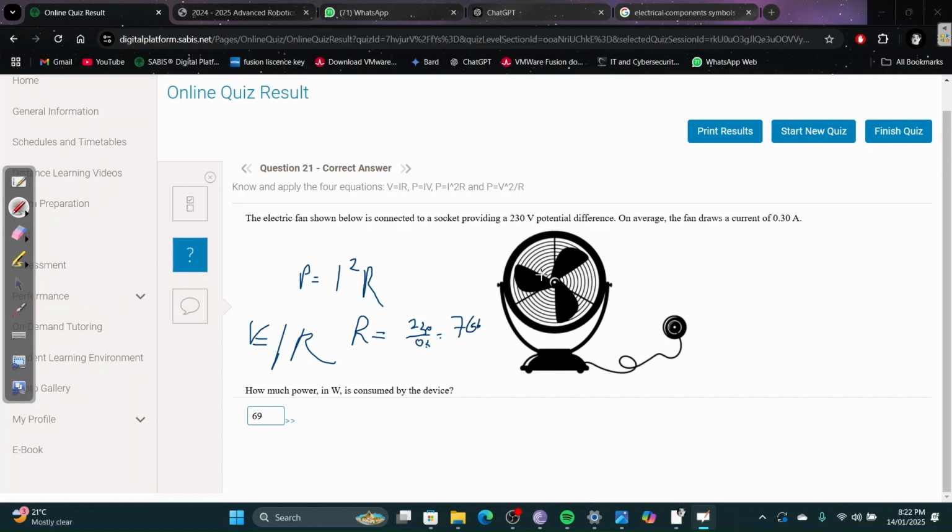Okay, now we're going to multiply 766 by I squared, which is 0.3 squared. Wasn't that 0.09? Yeah, it was 0.09. So you do this on a calculator, 766 times 0.09 will give you 68.94, which equals 69.